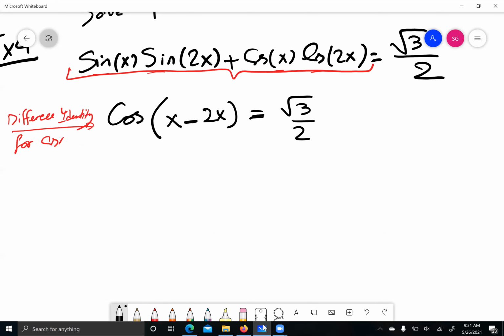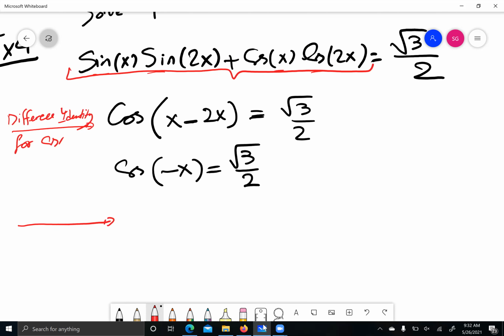Okay, now we end up with a much simpler question. x minus 2x is going to be negative x, right? So now the question is, what is the x value such that the cosine of negative x is square root of 3 over 2. So please remember that cosine is an even function.